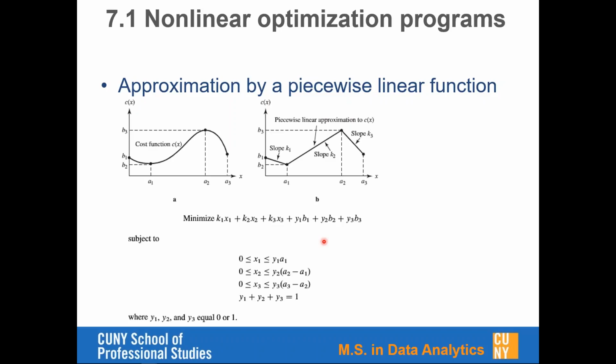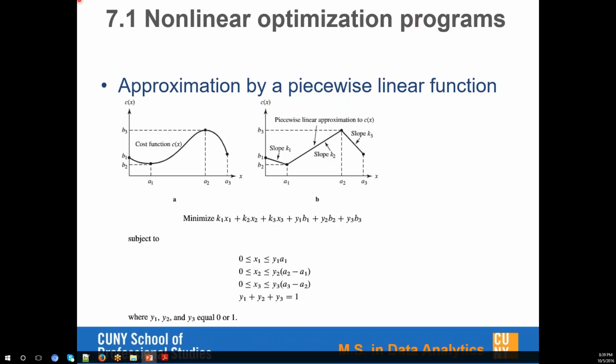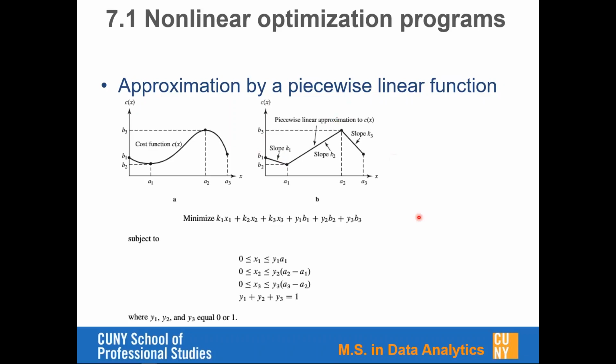And then here we divert a little bit. We see how we can approximate a piecewise linear function. If we try to solve a certain problem here, we can try to minimize the slope for the piecewise linear function, minimizing this function subject to x1 being greater than or equal to 0, but less than or equal to y1 times a1.